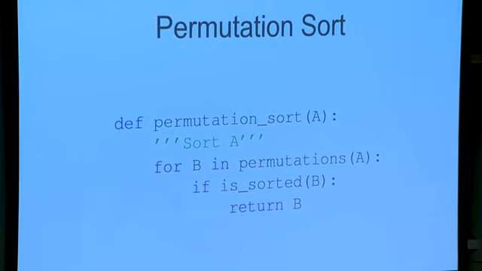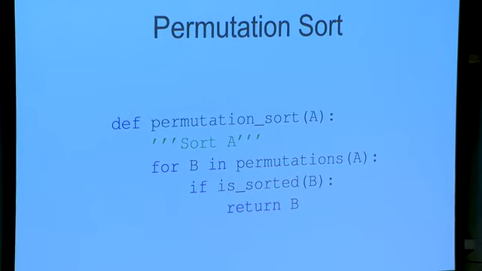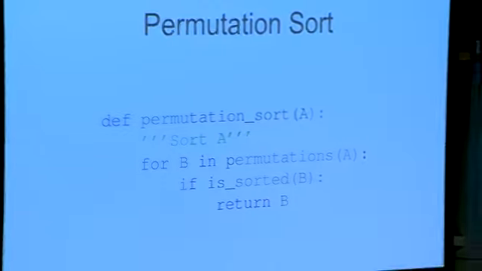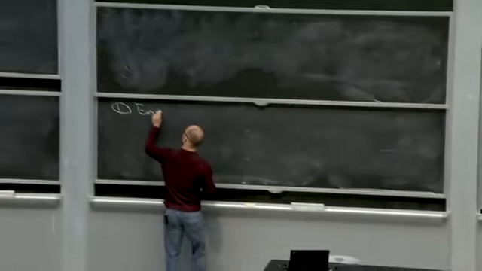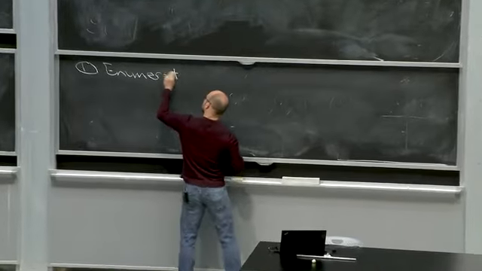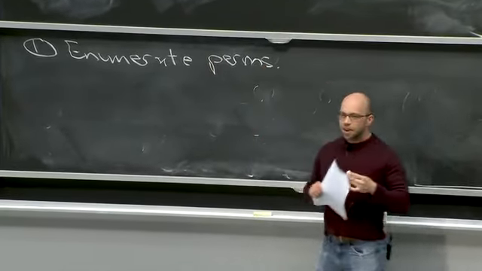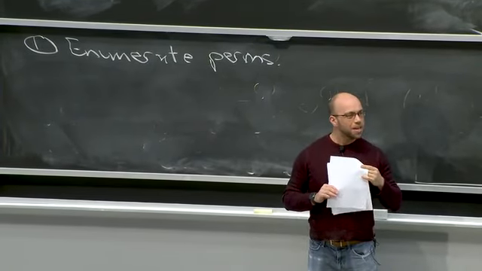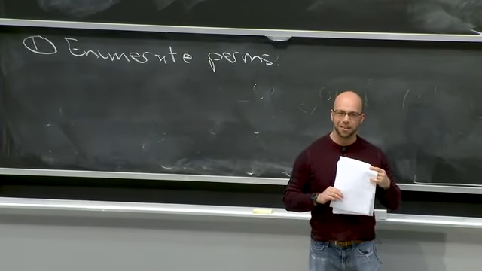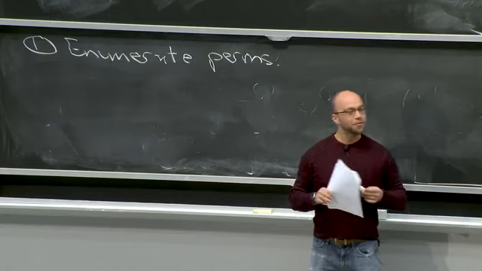So there are two key pieces to this particular technique if we want to analyze it. I don't see a reason to belabor it too much. One is that we have to enumerate the permutations. Now, if I have a list of n numbers, how many different permutations of n numbers are there? Yes? N factorial.